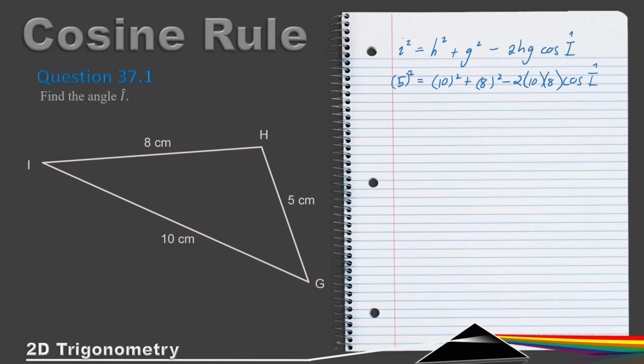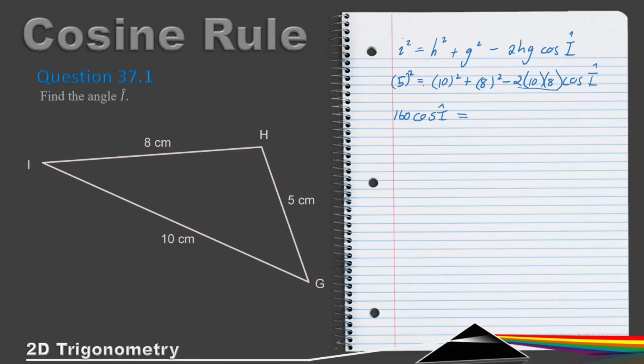Once again, I'm going to take all of this over to the other side. Another option is to simplify this if you want to. So we can change this into 80 times 2, which is 160. Now it's positive 160 because this whole term was negative, which we brought to the other side, and it became positive, 160 cos I.